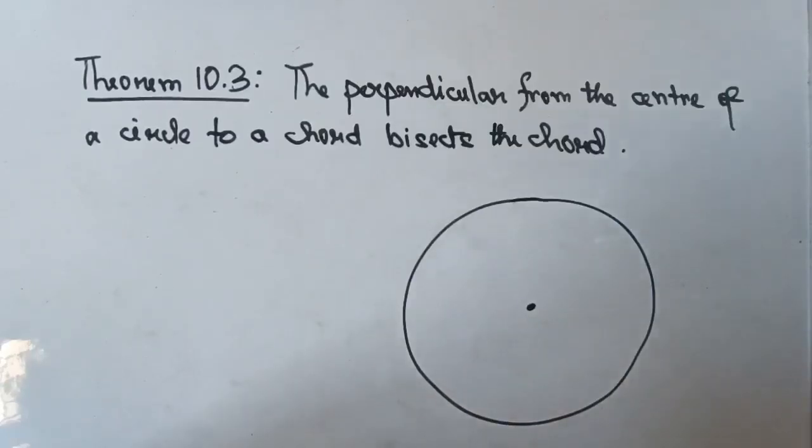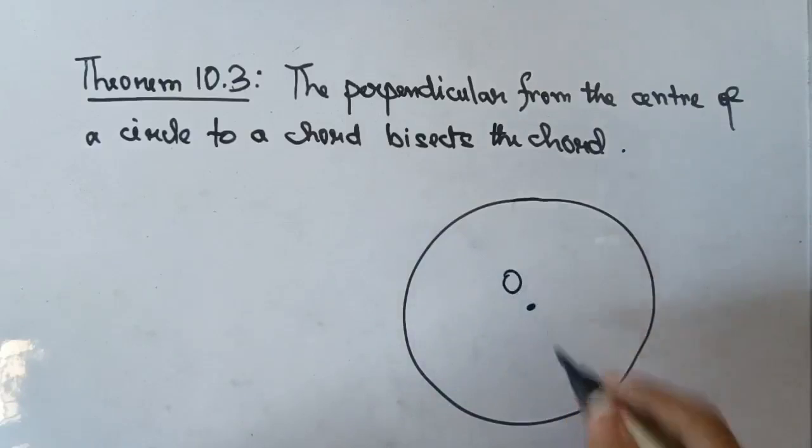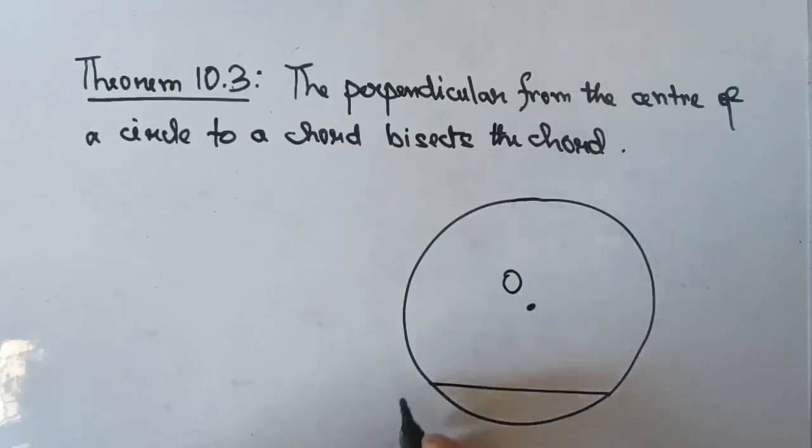Next is theorem 10.3, which is that the perpendicular from the center of a circle to a chord bisects the chord. So let us try to understand this theorem. According to the theorem, here is a circle with center O and AB is a chord.